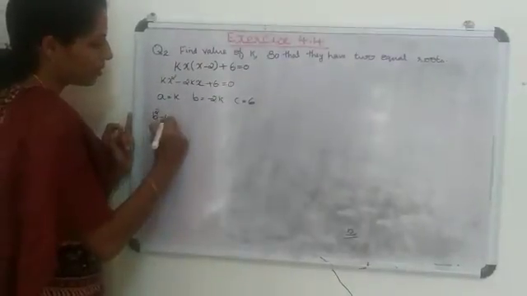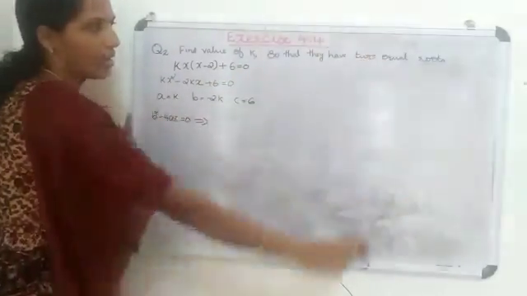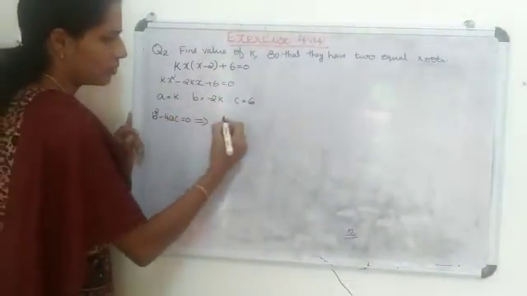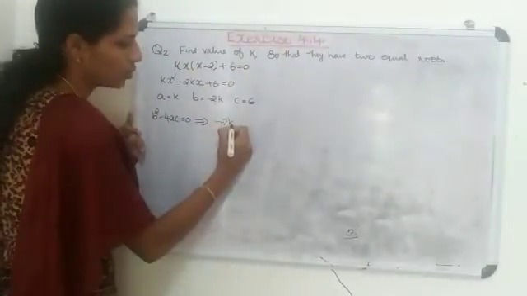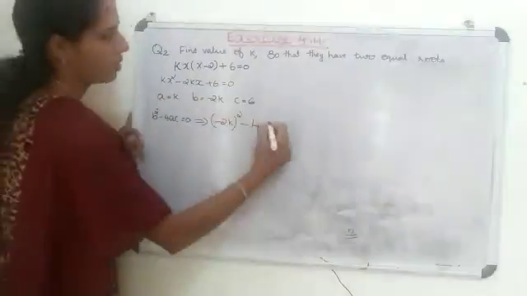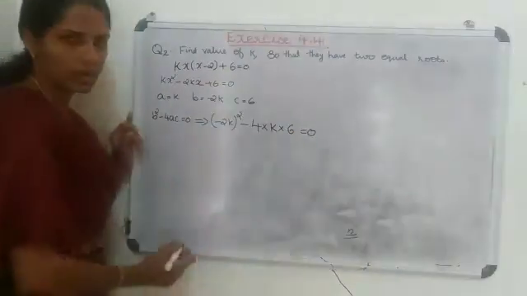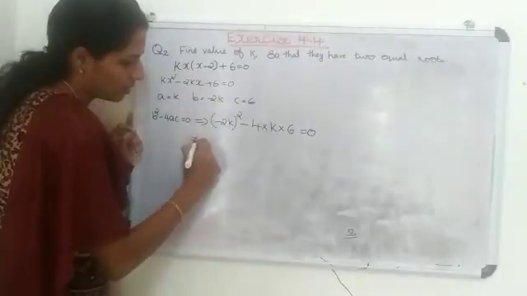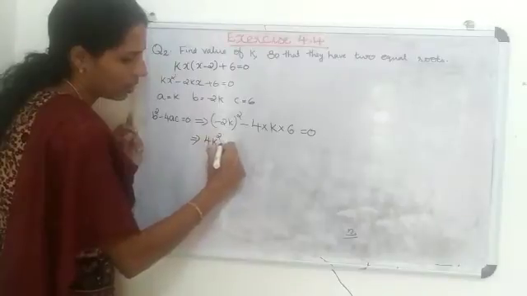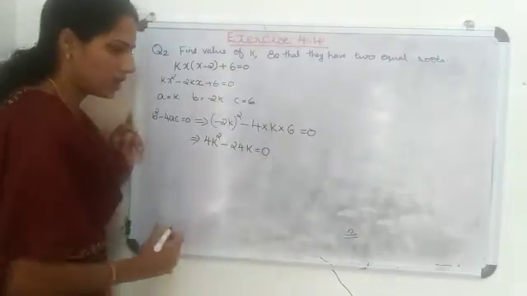And b square minus 4ac is equal to 0, so that they have two equal roots. So minus 2k whole square minus 4 into a into c equal to 0. That implies 4k square minus 24k equal to 0.